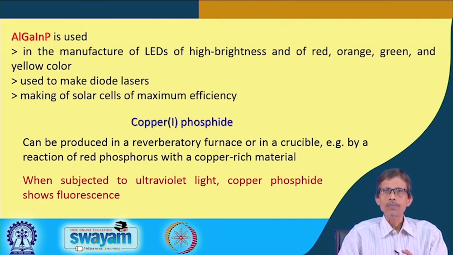And with a copper rich material, that is a very useful term we are using over here. That means it is not a copper salt or copper metal or a copper powder or a copper wire, but only a copper rich material. How do we define ore and minerals?